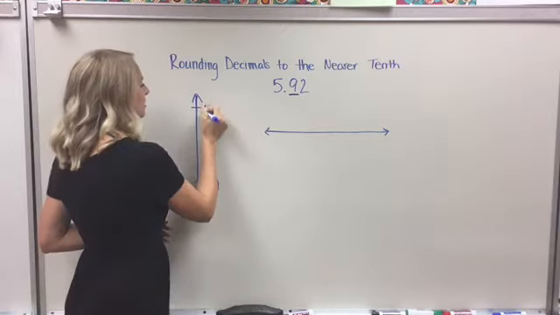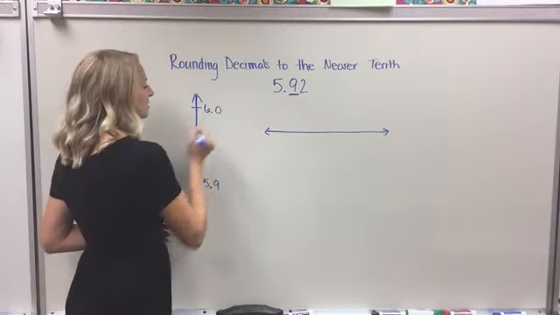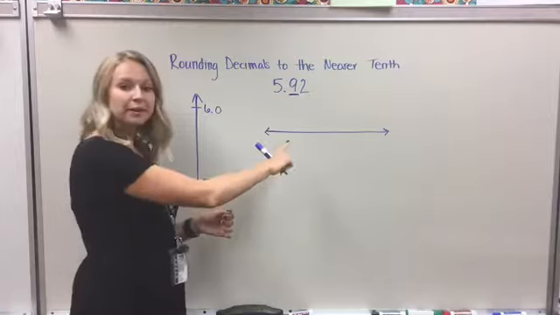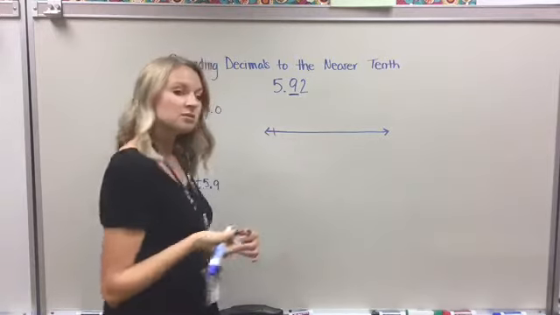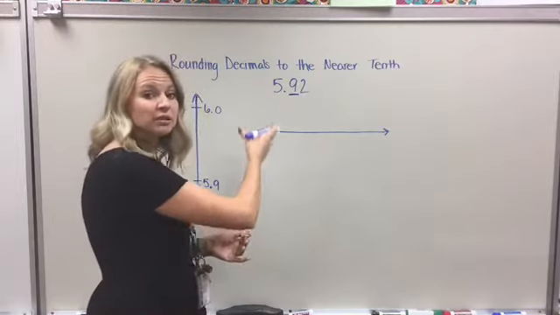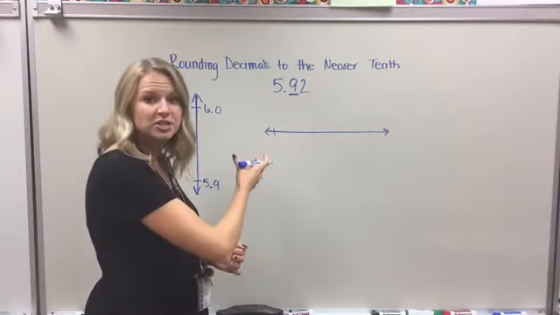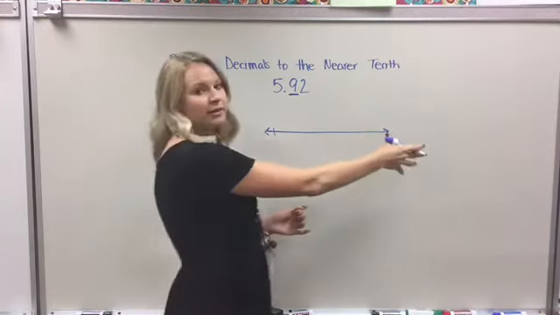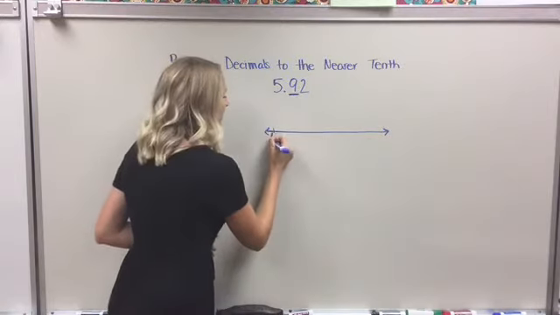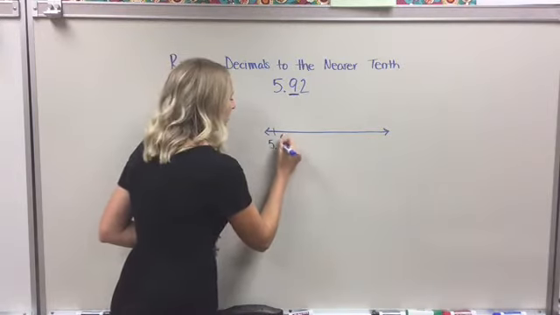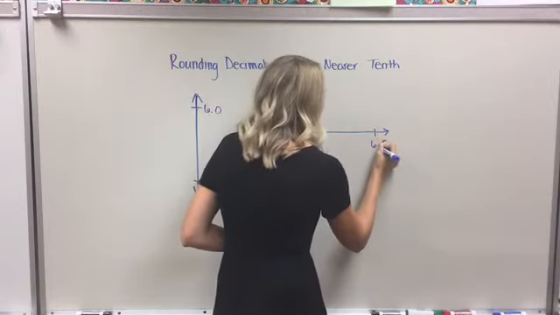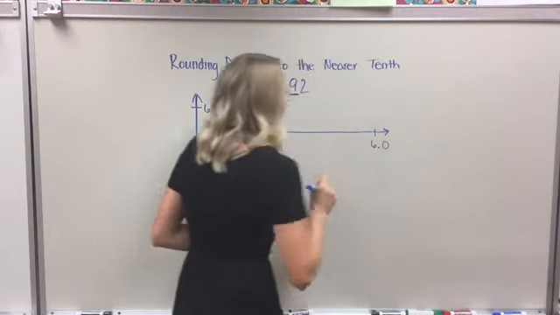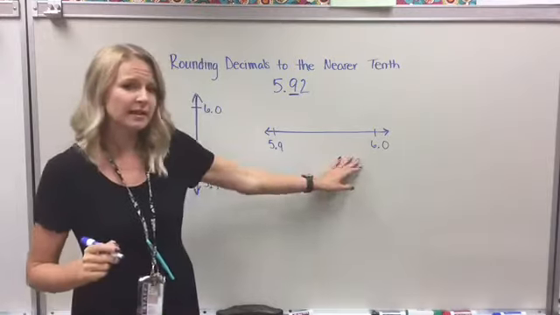And my upper endpoint is going to be 6 0/10. I can repeat over here on my horizontal number line. On a horizontal number line, the values on the left are always going to have a lower digit than the numbers on the right. So my lower endpoint is going to come over here on the left-hand side, and my upper endpoint of 6 0/10 is going to come over here on the right-hand side.